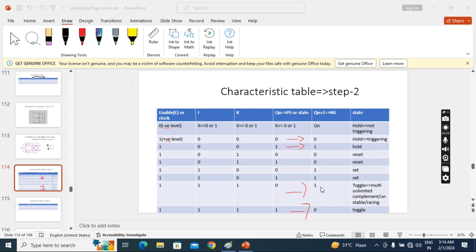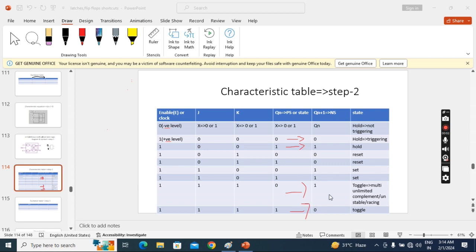But it won't stay at 1 after toggling or complementing one time. It will change continuously, 0 to 1, again 1 to 0, 0 to 1, like that. So that continuous complementing is called a toggle. Continuous, repeated, or unlimited complement is called a toggle.